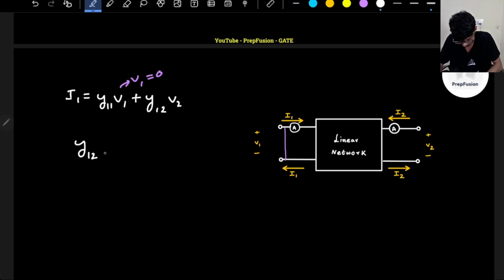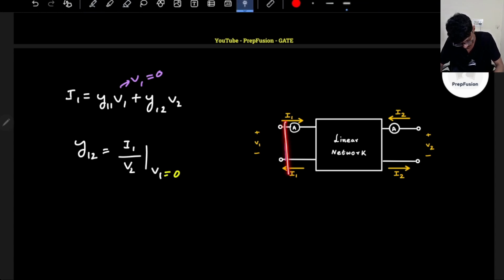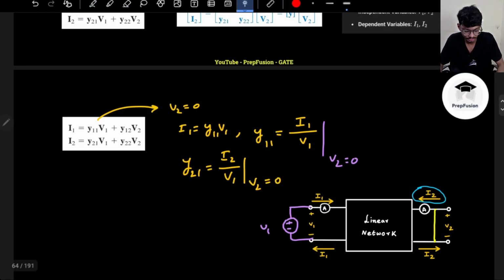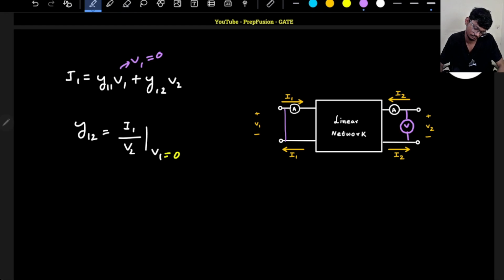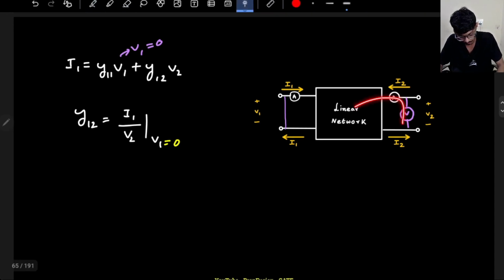So Y12 will be I1 by V2 when V1 is made 0. If V1 is made 0, of course, it is short circuited. Now I will apply a voltage source here, obviously.